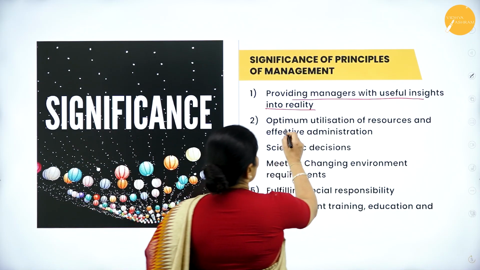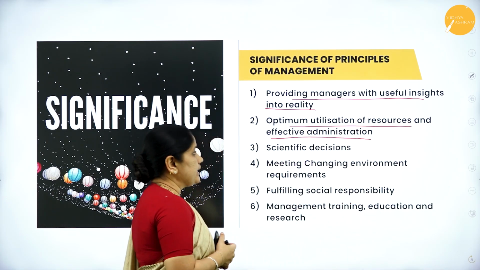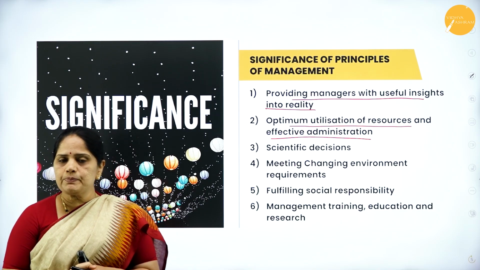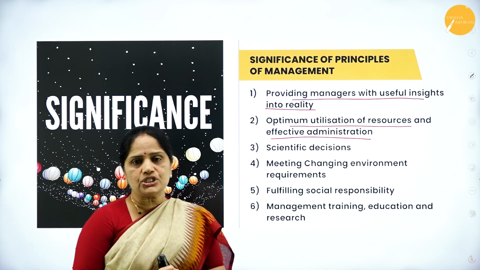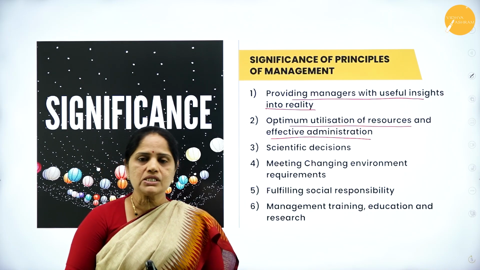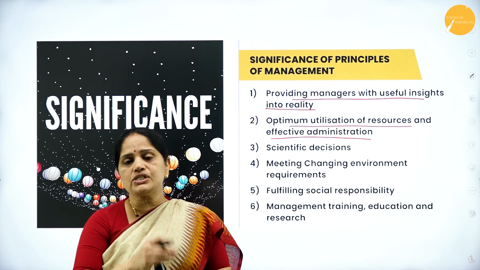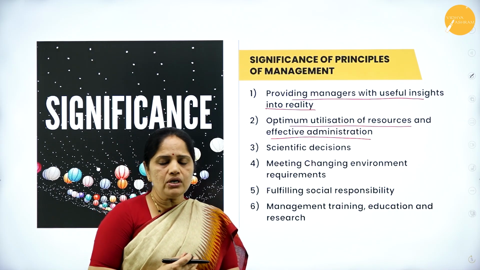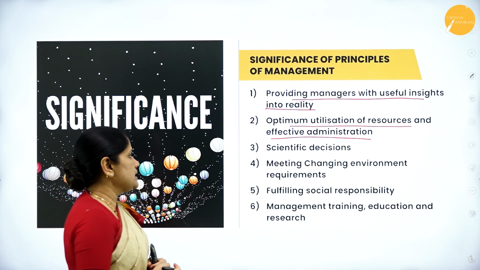Then the next one is optimum utilization of resources and effective administration. These principles provide optimum utilization of resources. Whatever resources are available in the organization will be utilized to the maximum extent. So that will help in optimal utilization of the resources.